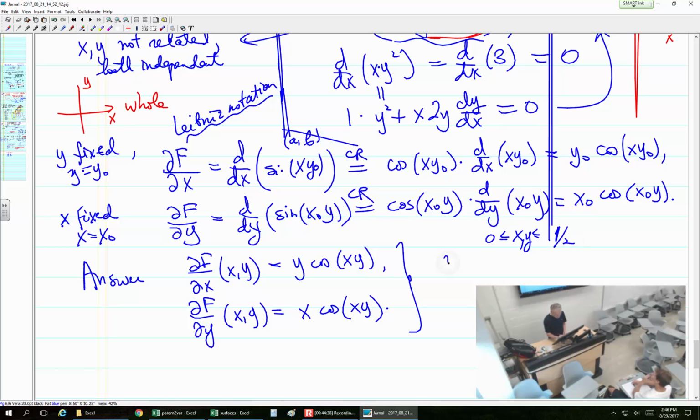So y cosine xy is larger than or equal to 0. When x and y are between 0 and 1/2, it means that x times y is between 0 and 1/4, which means that cosine is positive. Cosine is positive, y is positive, the whole thing is positive, and the conclusion is that the partial derivative with respect to x is positive.